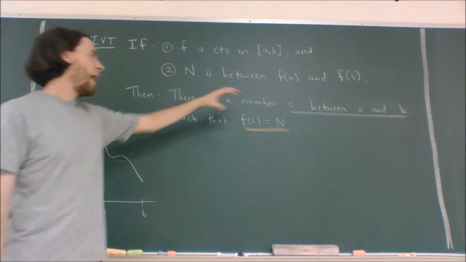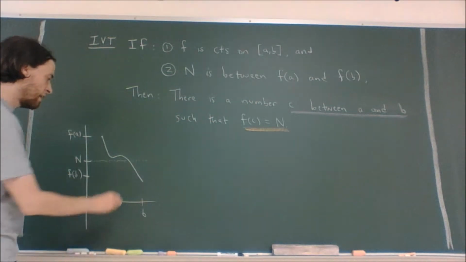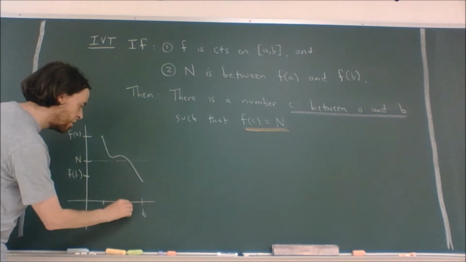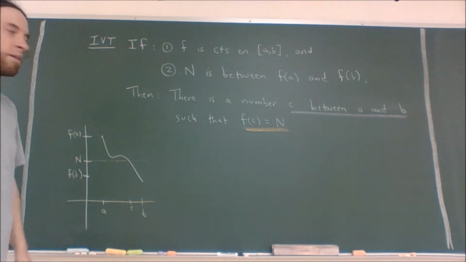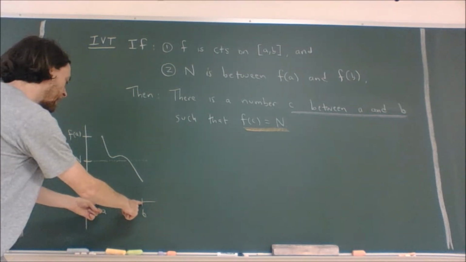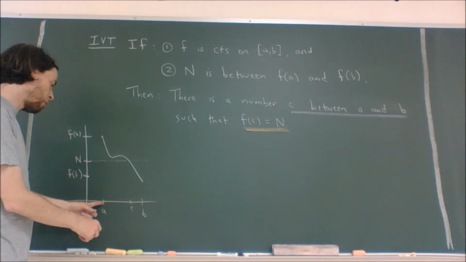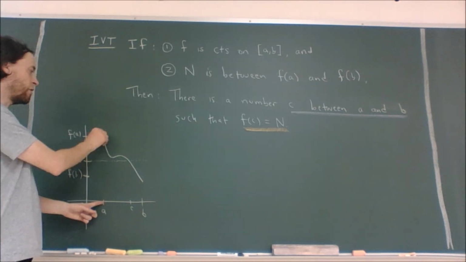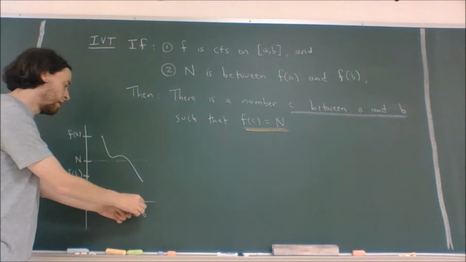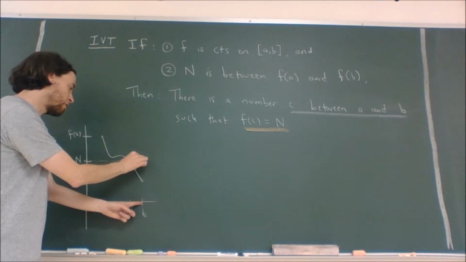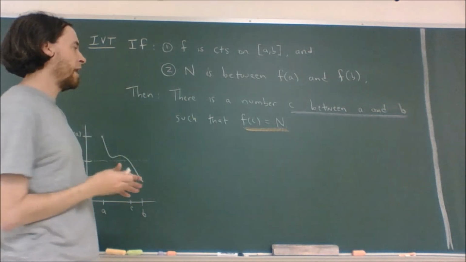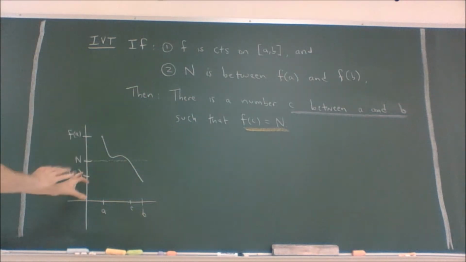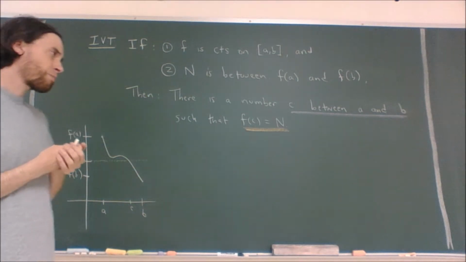And that happens at an x value c, right, about here in this picture, that's between a and b. Now, of course, c can't be right on a because the function's clearly not crossing here, and it can't be right on b because the function's clearly not crossing there. All right? So it's really between a and b. All right, so that's the basic kind of picture.